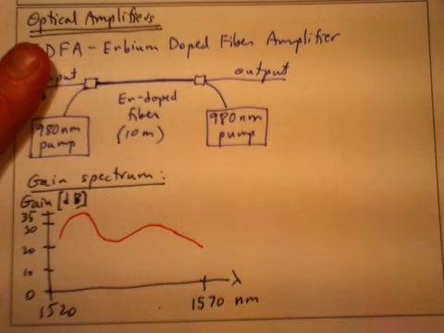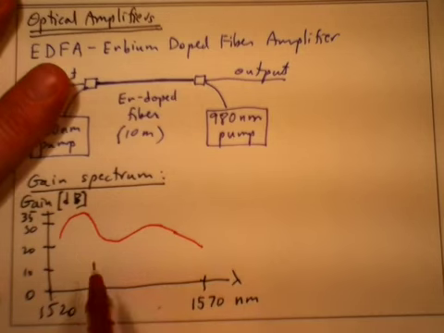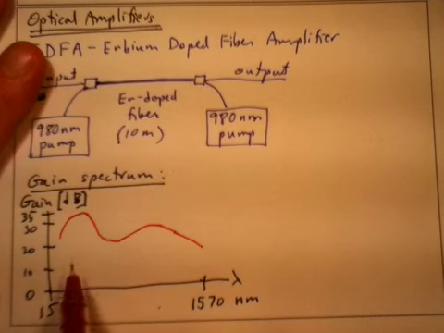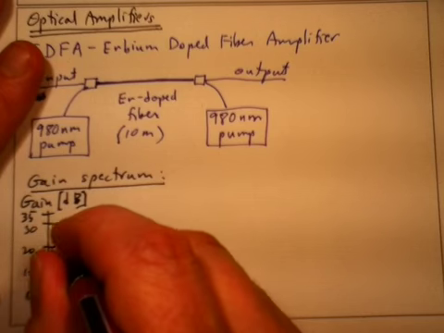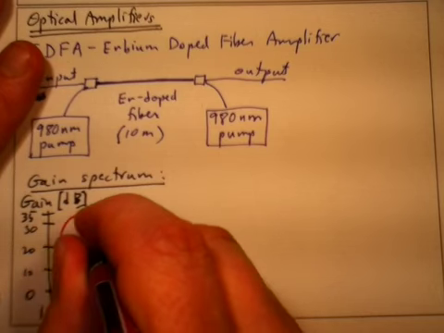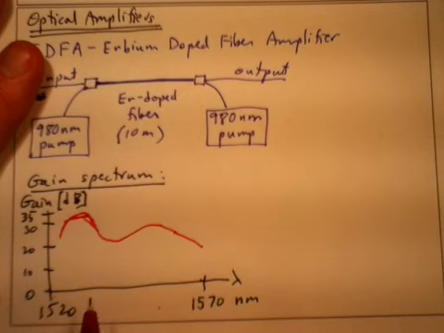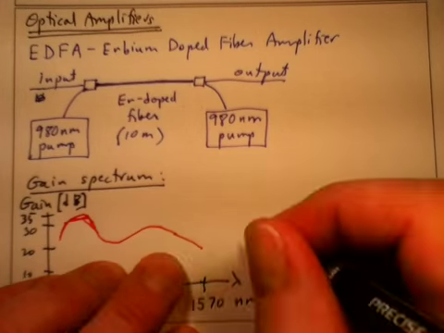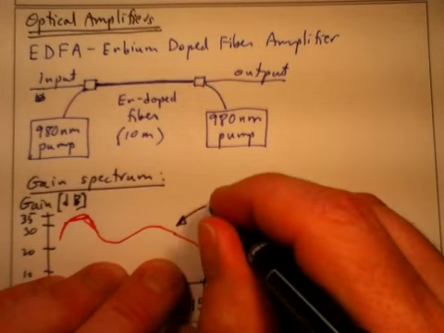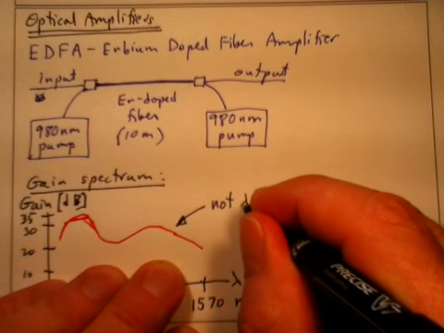So we can get quite high gain, and it depends upon how much power you're getting out of it. But this is about as high a gain as you can get. You can get somewhere between 30 and 35 dB of gain at the peak, which is at about 1530 there. In any case, the gain is not lambda independent.